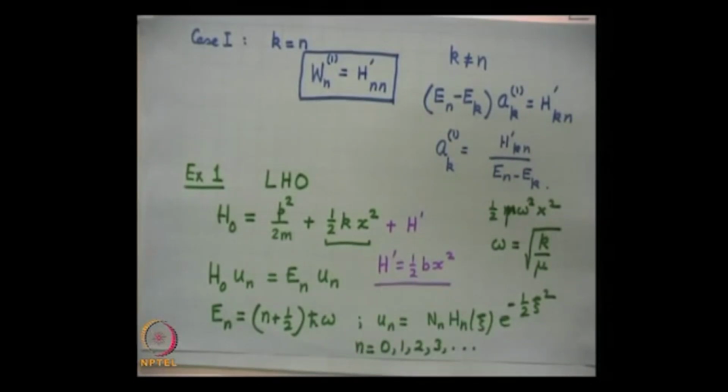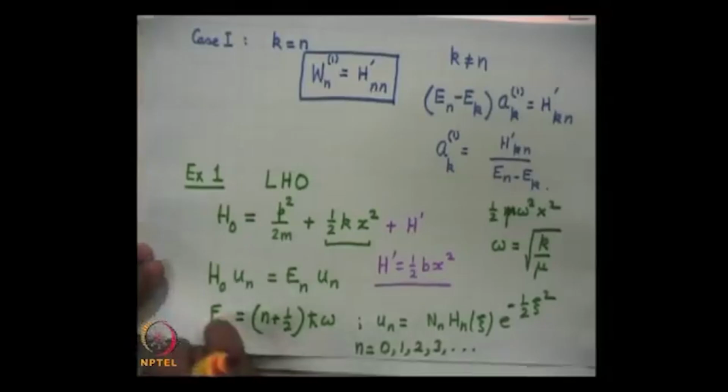Of course, you can immediately say that we can obtain the exact solution for the problem, because k has to be replaced by k plus b. So we know the exact solutions.